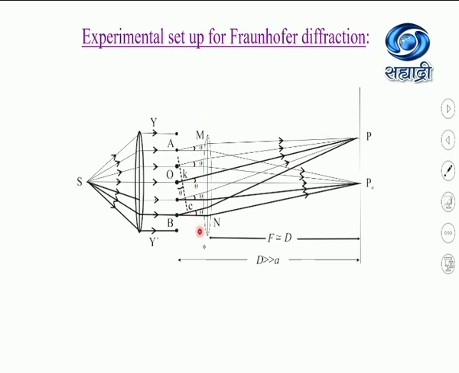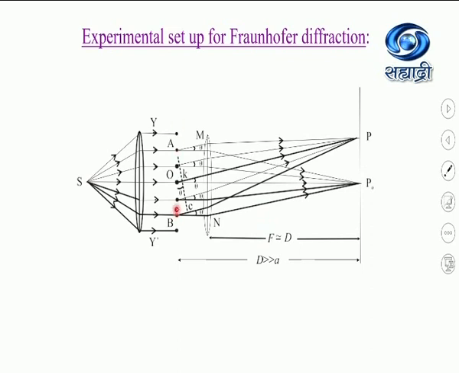The cylindrical lens or the converging lens MN, which is placed next to the slit, converges the beam onto the screen. The screen is placed at the focus of the second converging lens. The distance between the slit and the screen is capital D, which is practically equal to the focal length of the lens.